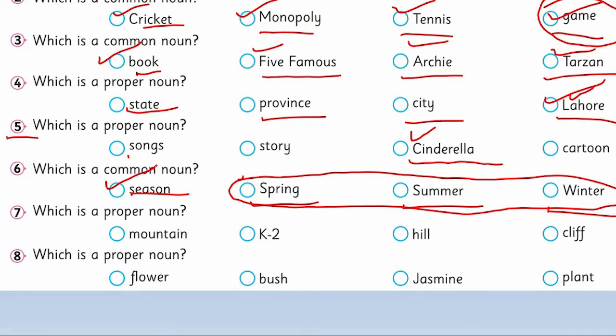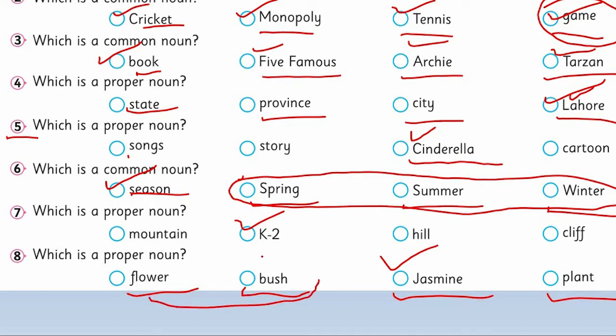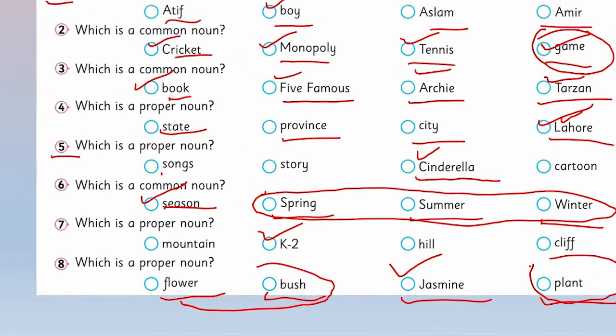Yes, we have also discussed it in our examples. Here, K2 is a proper noun. Look at the eighth one. Which is a proper noun? Flower, bush, jasmine, plant. Yes, jasmine name is specified here, a flower name, and all of the three can be included in plants and flower.